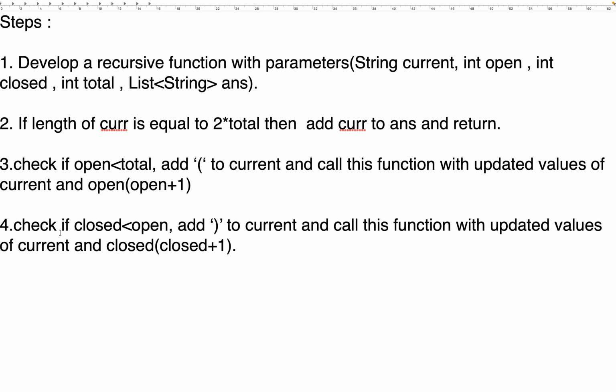Similarly, the next condition: we check that closed is less than open, so that closed never exceeds open. So we add the closed bracket to current and call this function with the updated values of current, and closed incremented. This is the recursive approach, and trust me, it's a simple approach to this problem. Otherwise there are other approaches, but they are lengthy.